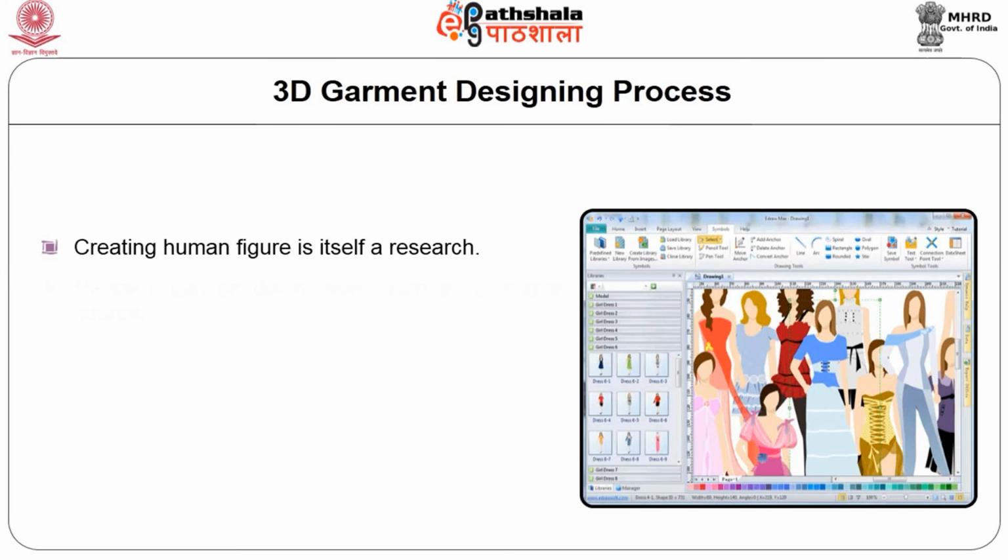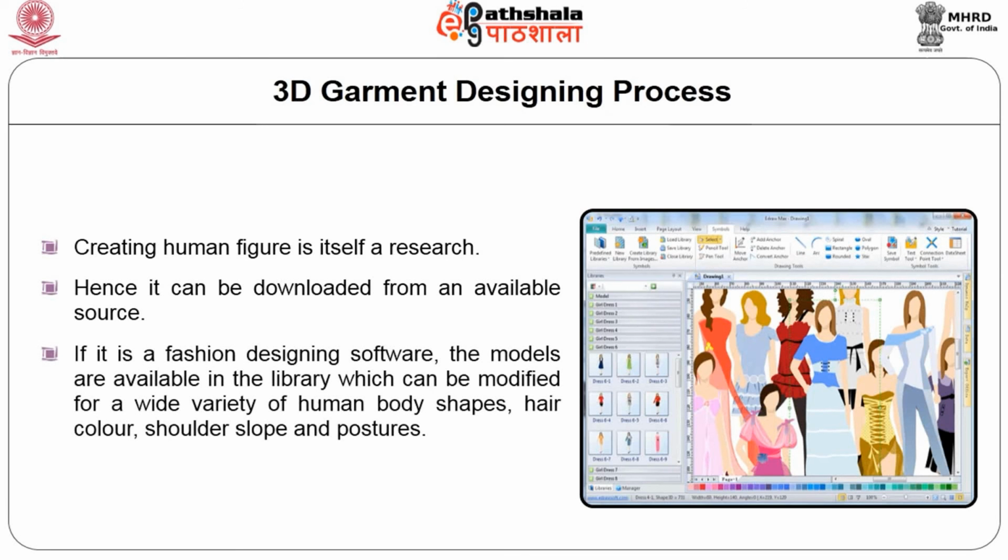Creating a human figure in itself is a research. Hence, it can be downloaded from an available internet source. But if it is fashion designing software, the models are readily available in the library, which can be used or modified for a variety of body shapes, hair color, shoulder slope and postures.